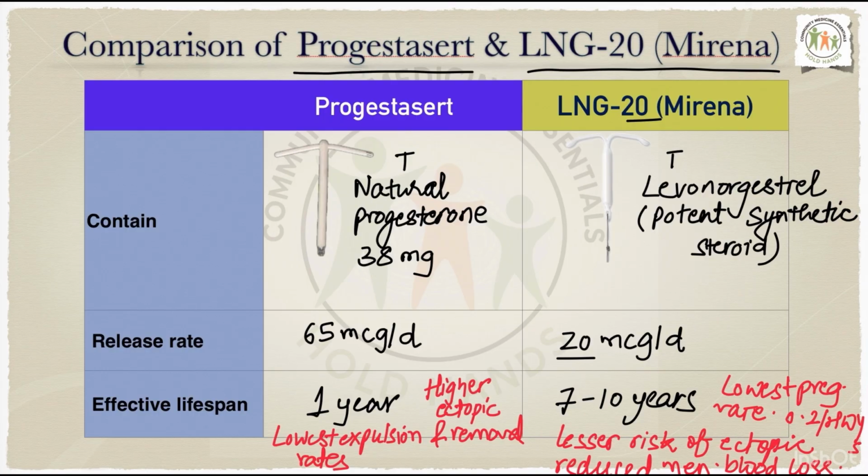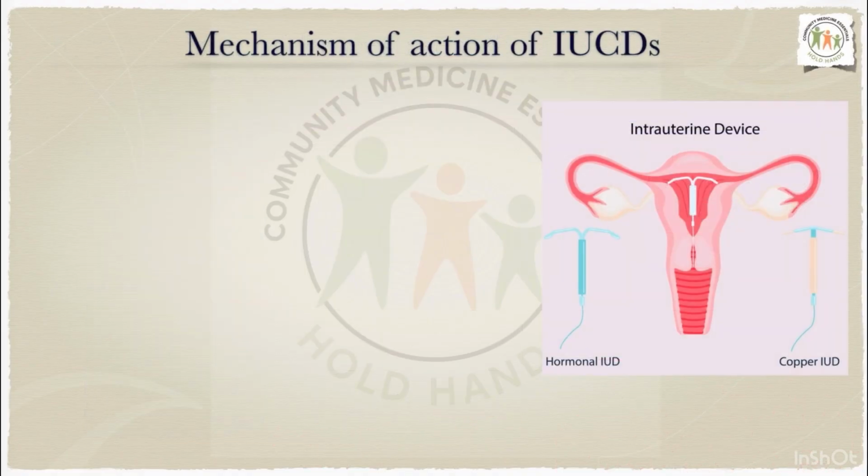We can summarize: progestasert, natural progesterone; Mirena, levonorgestrel, potent synthetic steroid; release rate 65 microgram per day, here 20 microgram per day; effective lifespan 1 year, 7 to 10 years; progestasert has higher ectopic pregnancy and LNG-20 Mirena has lowest pregnancy rate and reduced menstrual blood loss.